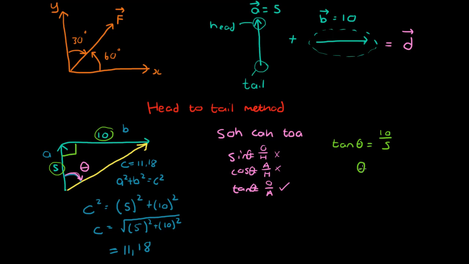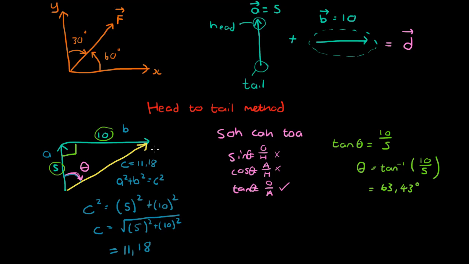Then theta is equal to tan to the minus 1, known as the arctan function, the inverse of tan, of 10 over 5. Usually on calculators you'll have to push second function and then tan to get that. So when you take arctan of 10 over 5, or 2, you should get 63.43 degrees.